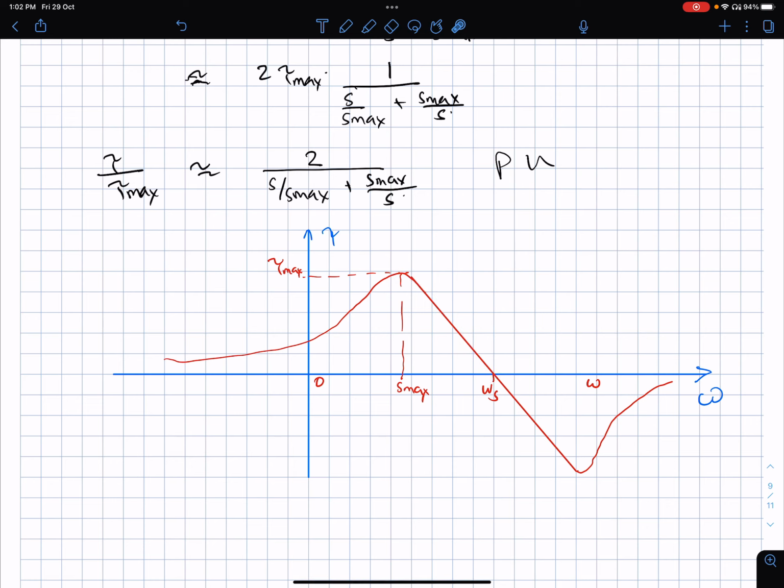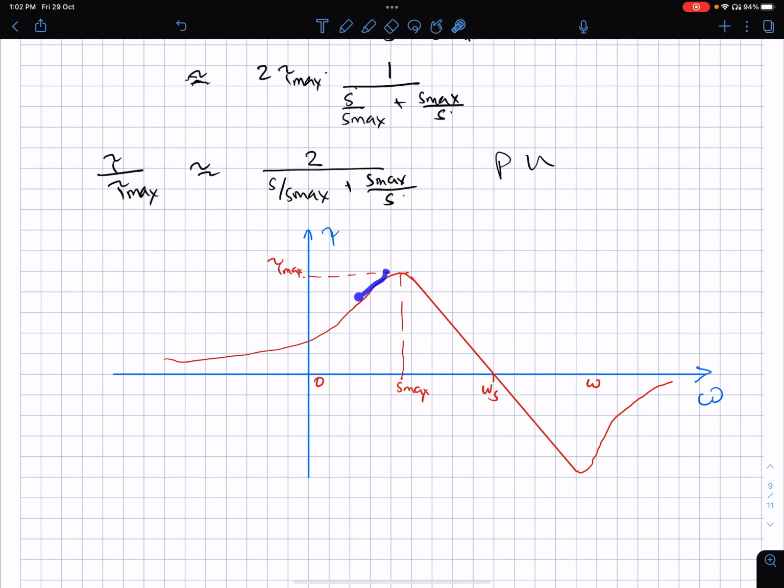On the other hand, let's start from this end. When the slip is close to 1, that is, the slip is large, then this term is comparatively less. So you will get 2 s max by s, which means a reciprocal nature of torque with respect to the slip.